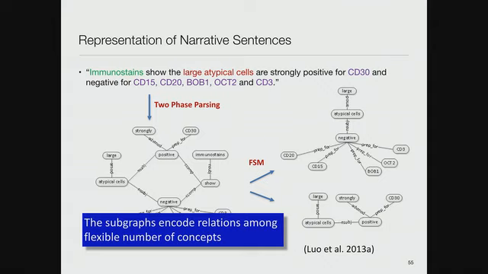And so what you get is that this creates one graph that talks about the strongly positive for CD30, large atypical cells, et cetera. And then you can factor this into subgraphs. And then you also have to identify frequently occurring subgraphs. So for example, large atypical cells appears here and also appears there, and of course will appear in many other places.